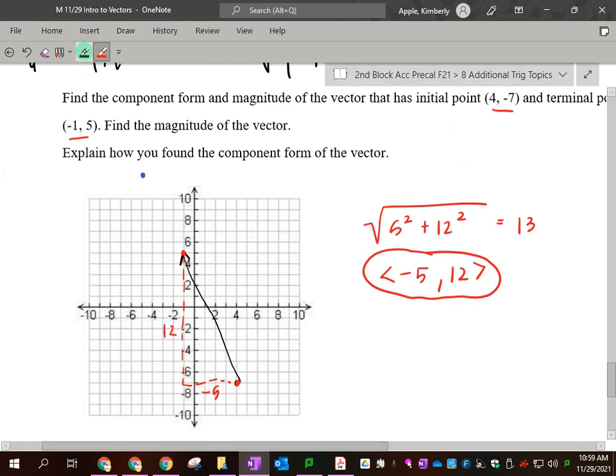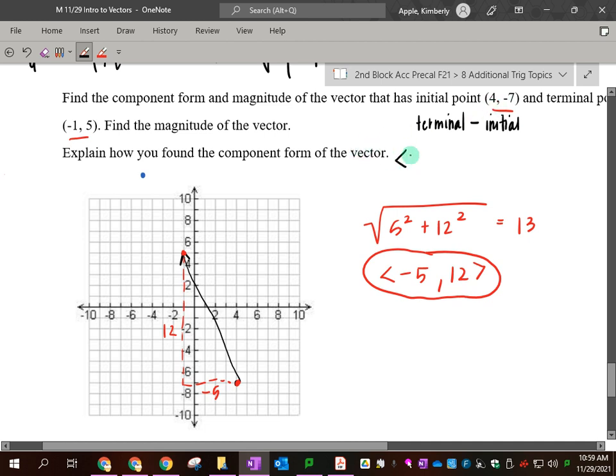However, there is a formula that we can use. If you take your terminal point and subtract the initial point, it will give you the component form in the standard position. Let's see if it works.